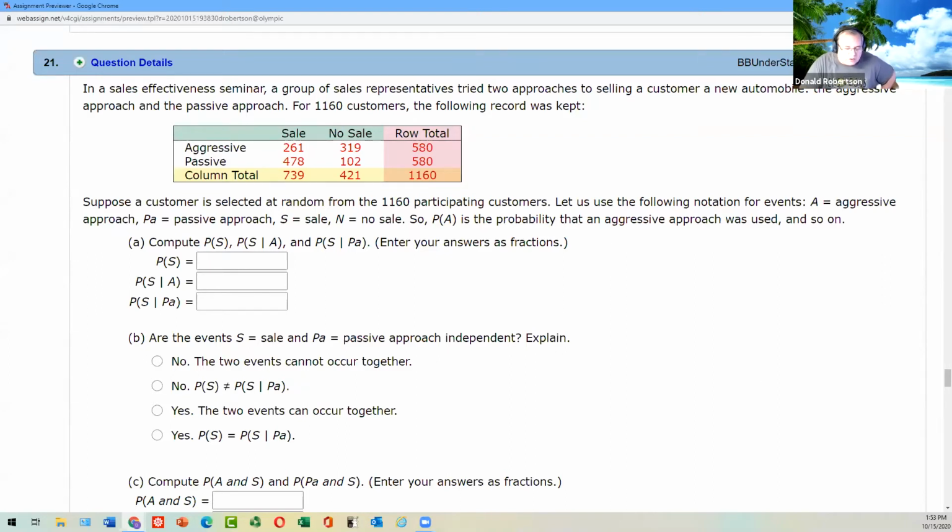Right, so we are going to look at this data and we're going to use it to, okay, where are you? Here we go. We're going to look at it and calculate some probabilities and then maybe some conclusions about good strategies for a salesman.